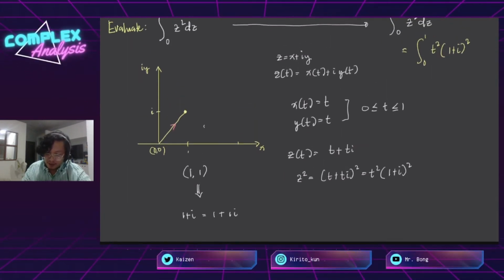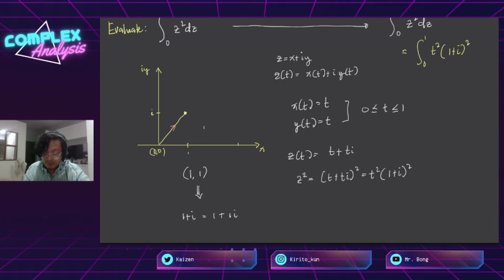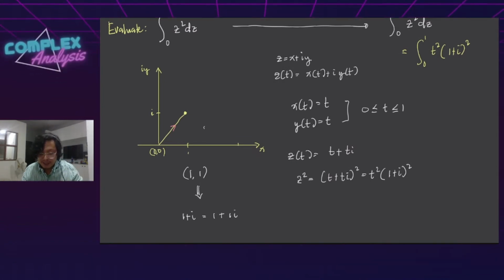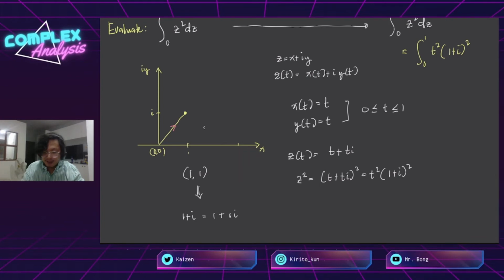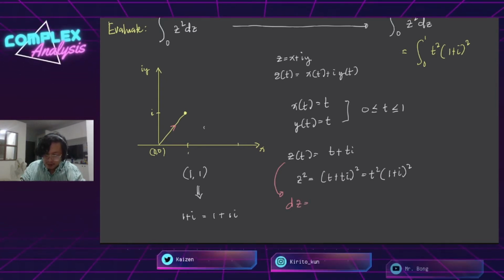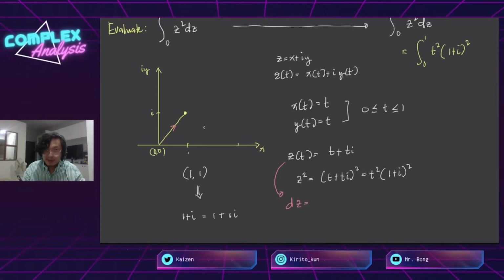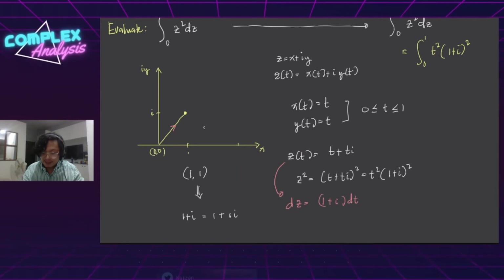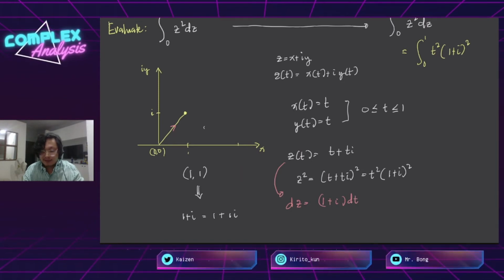Okay? So z of t is equal to t plus ti. So if we differentiate z of t, we get dz is equal to (1 plus i) dt. Right?